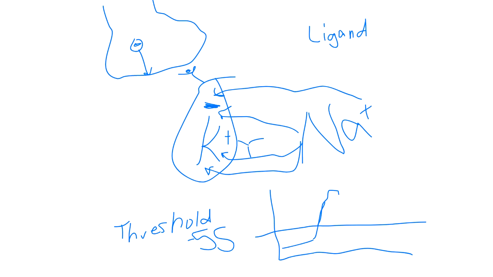And so sometime around about positive 30 millivolts, okay, those voltage gated channels are going to close off, okay? And we're going to be like, okay, we're good. We don't need to have them moving in anymore.